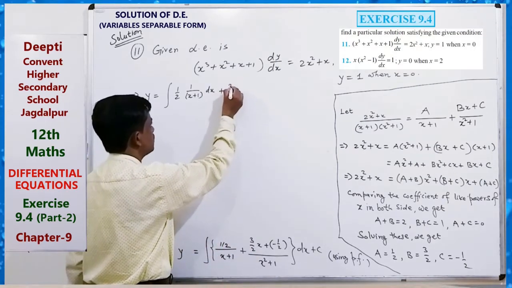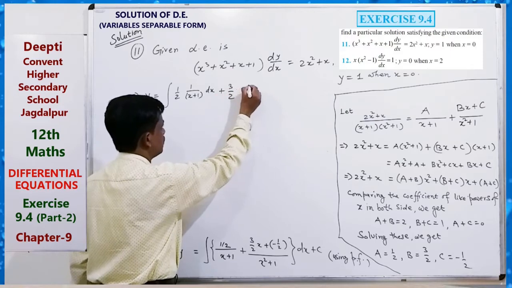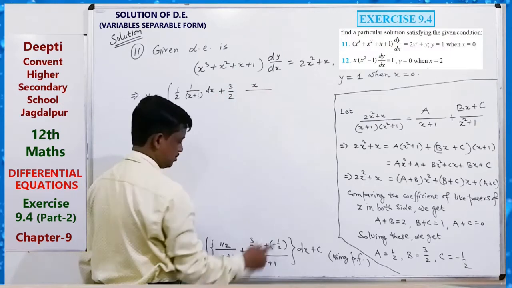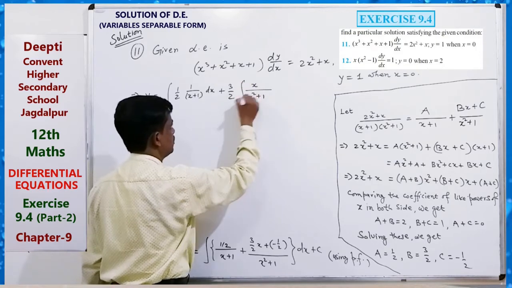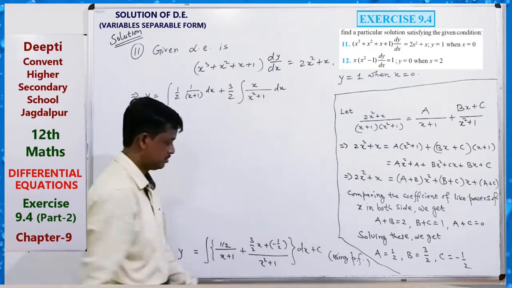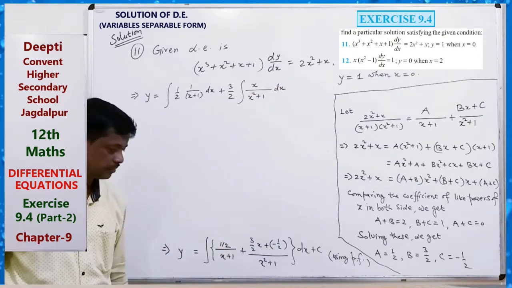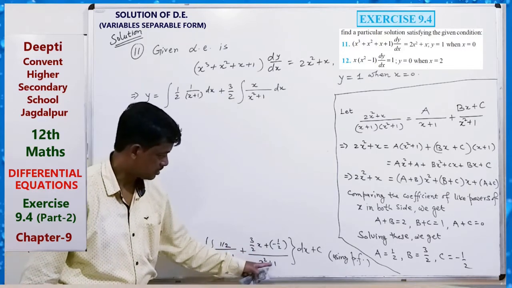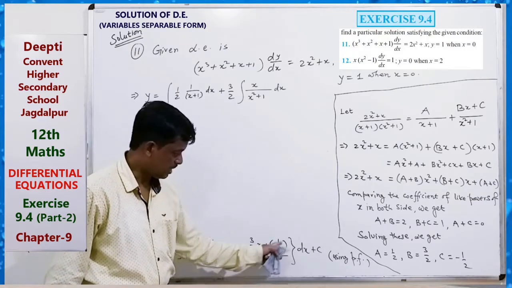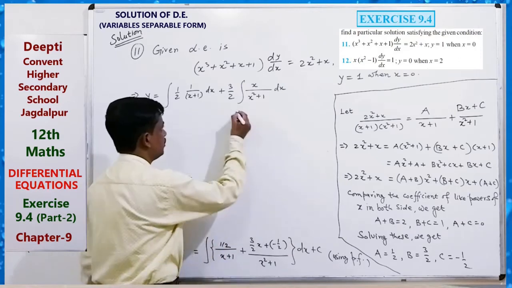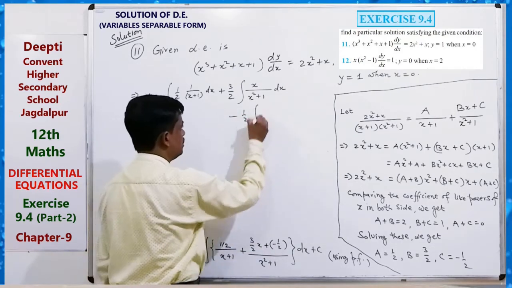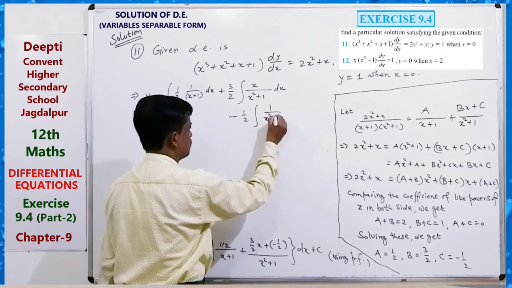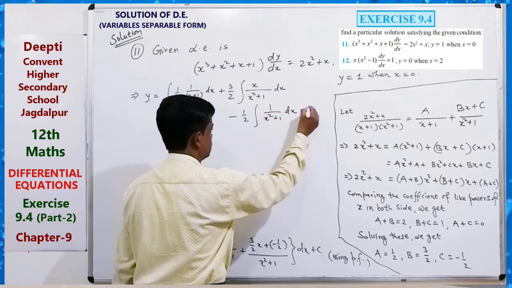So plus 3 by 2 x upon x square plus 1 dx. This by this. Okay, 3 by 2 x by x plus 1 plus or minus half integral of 1 upon x square plus 1 dx plus c.